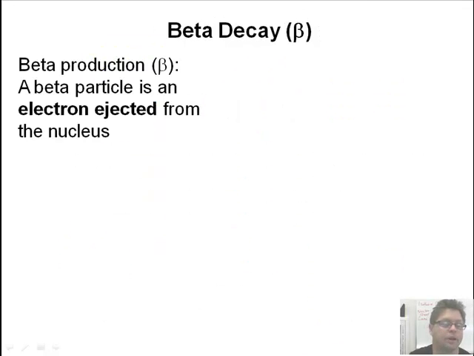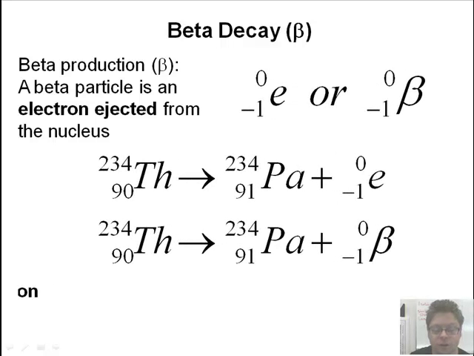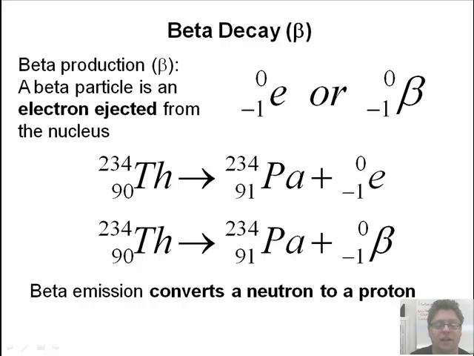In beta production, beta decay, the electron is ejected from the nucleus. The beta emission converts a neutron into a proton. That's why the atomic number, or the mass number, I should say, you'll notice here, there's mass number. Let's see here.